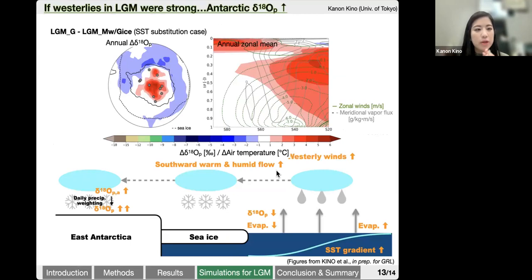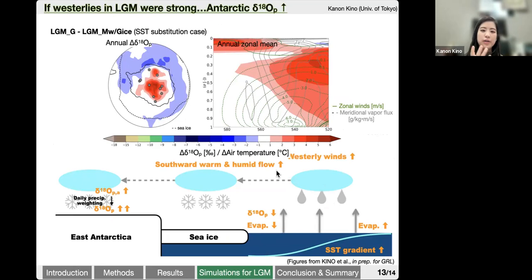Because of time limitation, I will briefly explain our main result about the climatological impact of the SST. Here I show a schematic view. When the SST meridional gradient increased, meaning warm in low latitudes and cold in high latitudes, westerly winds over the Southern Ocean were intensified.